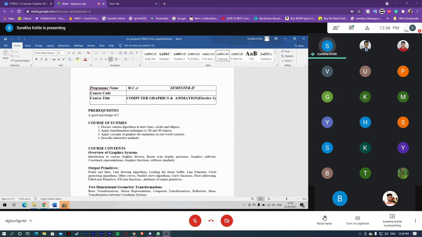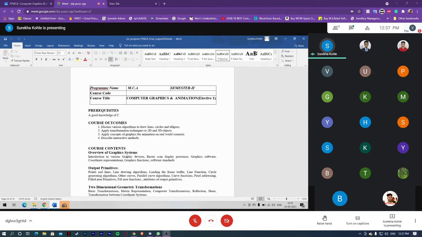Then for entertainment, like playing games. Those games are also designed in computer graphics using different types of languages. Then education. In education you are using computer graphics educational models.